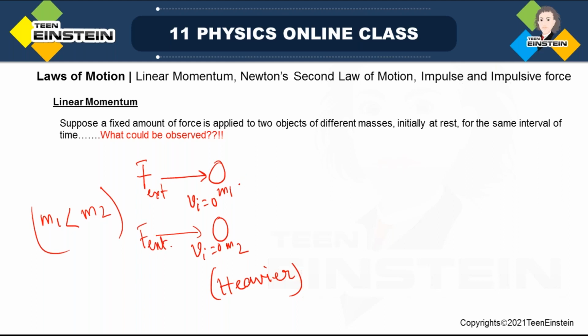Okay, I'll draw this mass 2 a little bigger, maybe like this. You just apply two forces to the individual objects, but these two forces are equal in magnitude. Okay, a fixed amount of force is given to each object for the same time interval.